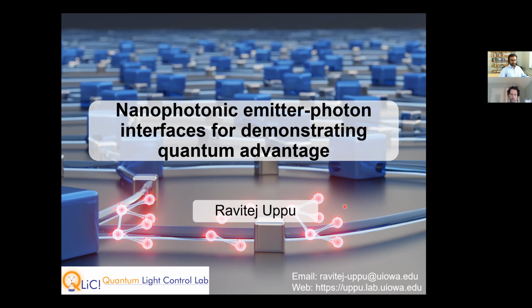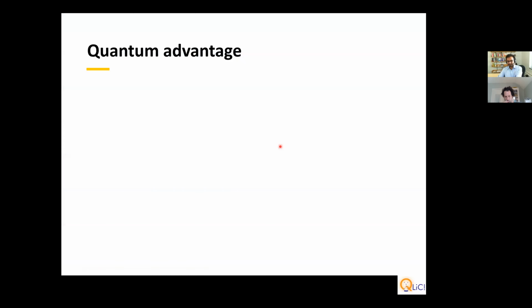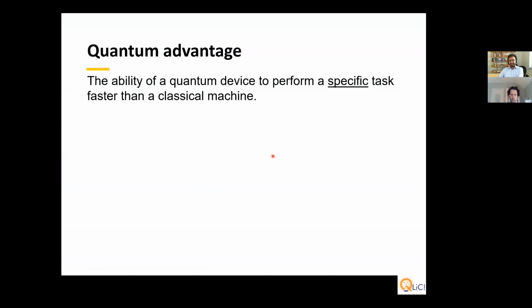So going into all these quantum things, let me first draw your attention to this word, quantum advantage. We do hear about this fairly often, but what we mean by quantum advantage in the context of today's talk is essentially this sentence: the ability of a quantum system, or more specifically a quantum device, because it has a functionality.